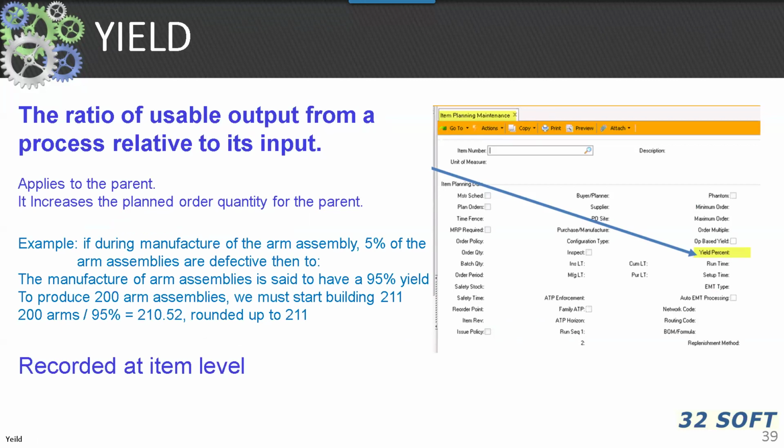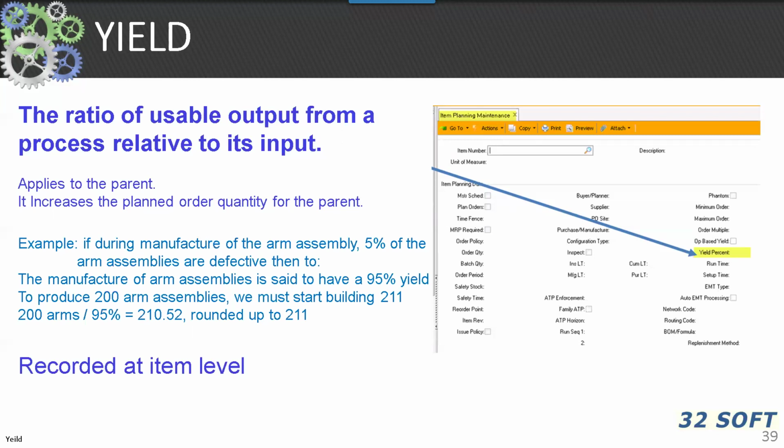Let's consider yield. Yield is defined as a ratio of unusable output from a process relative to its input. The value is applied to the parent and is defined in 14, 17, and 17. This increases the planned order quantity by the parent by inserting a scrap requirement element in the gross requirements of MRP.